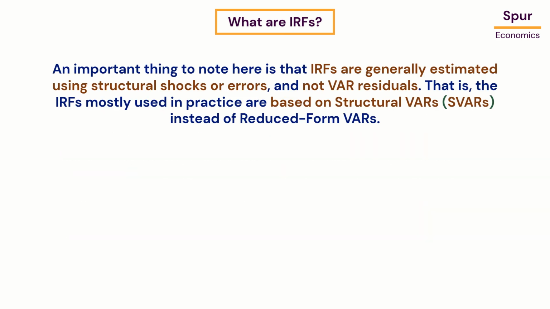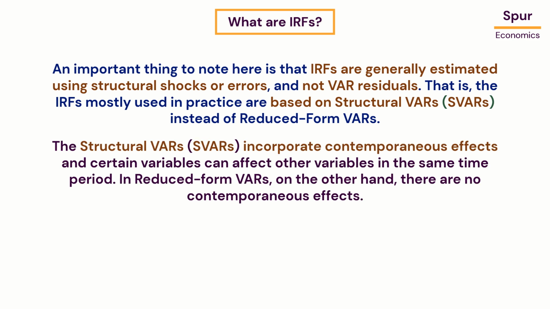An important thing to note here is that IRFs are generally estimated using structural shocks or errors, and not VAR residuals. That is, the IRFs mostly used in practice are based on structural VARs instead of reduced-form VARs. The structural VAR models incorporate contemporaneous effects, and certain variables can affect other variables in the same time period.